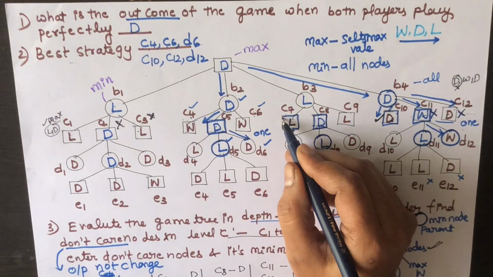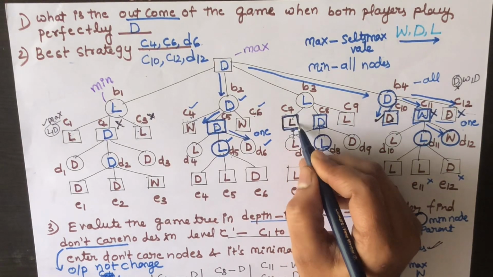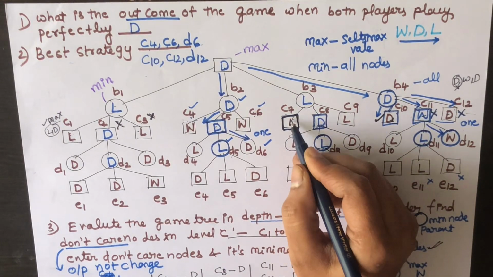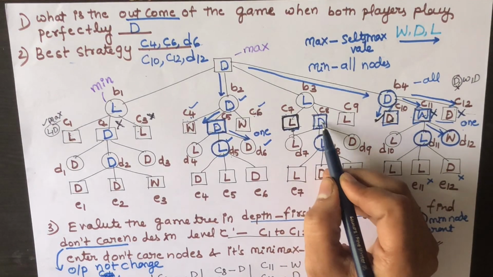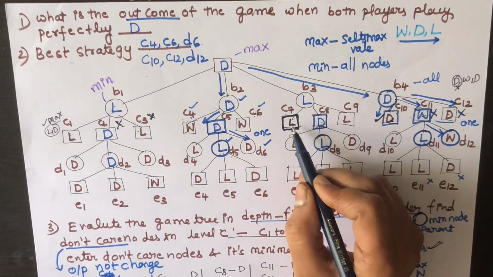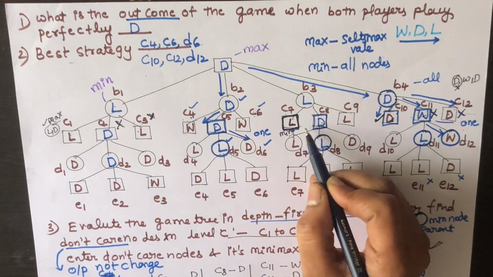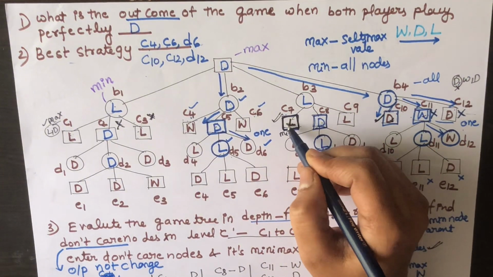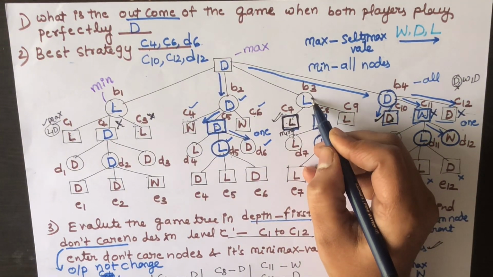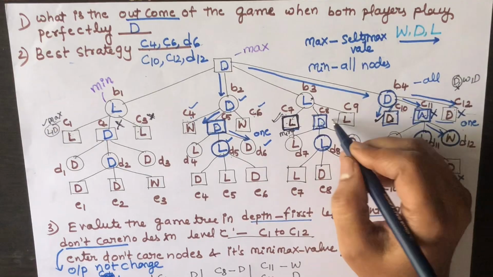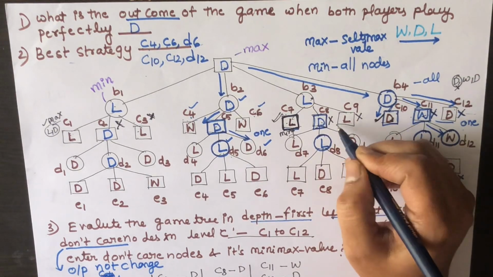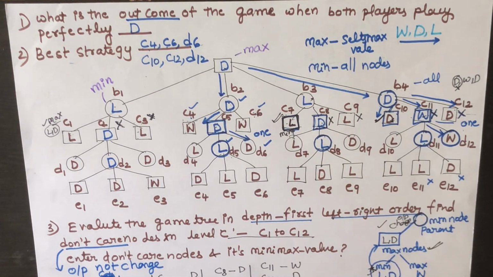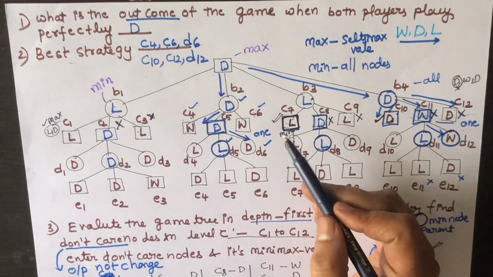This is the minimum value: the max node has a minimum value. Loss, draw, loss. Loss is the minimum value, so it will affect the output of the minimum parent node. It does not affect the other children's output. So C8, C9, C2, C3, C11, C12 are don't care nodes.